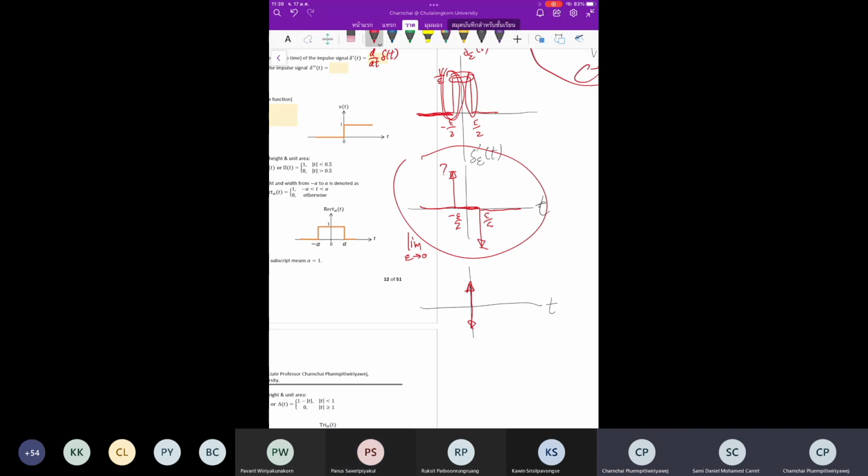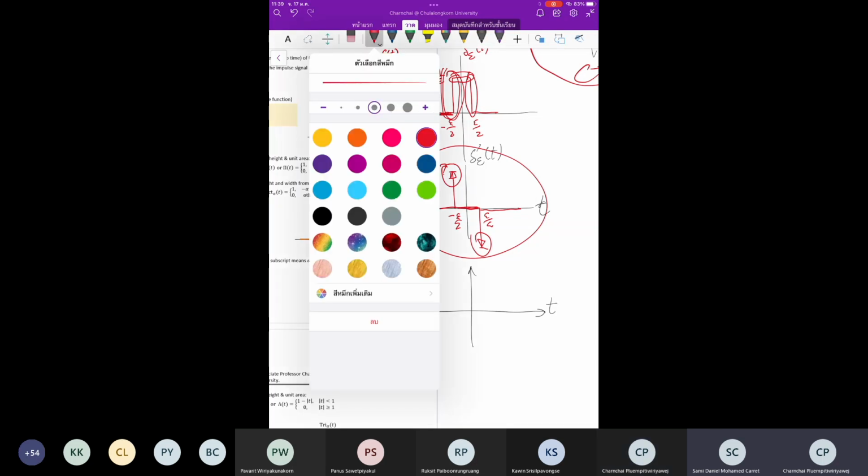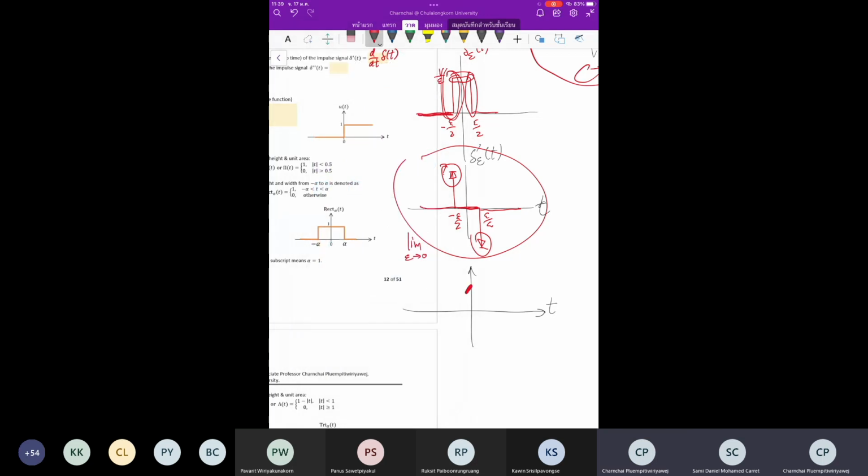But how do you know which one goes up, which one goes down? Okay, the notation should be this. See, it's so weird, huh? It should go like this, go down, and then like this.